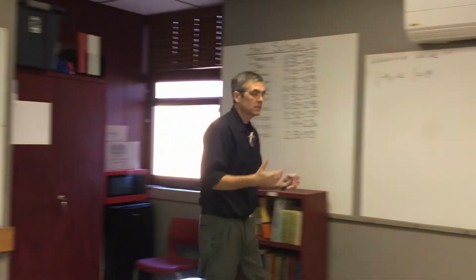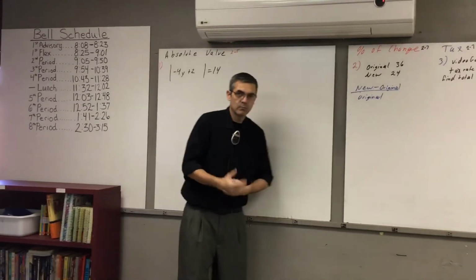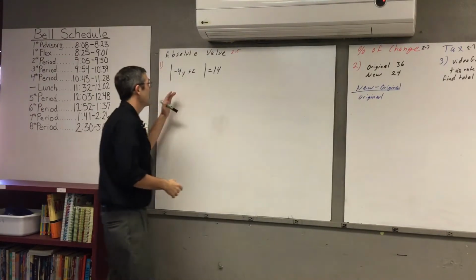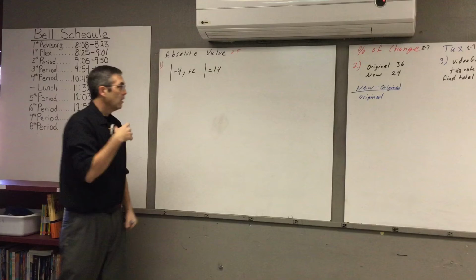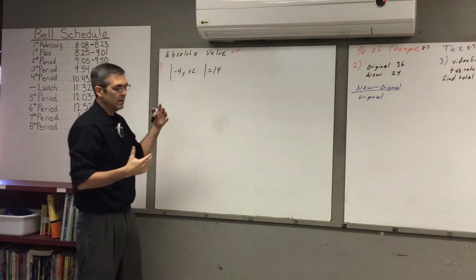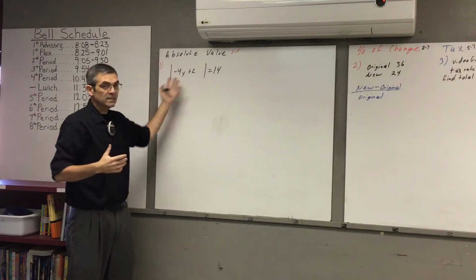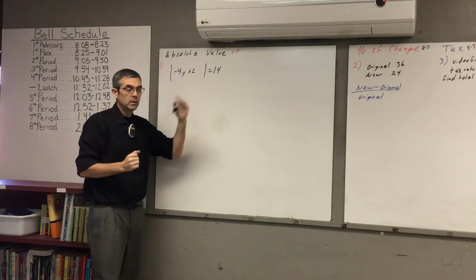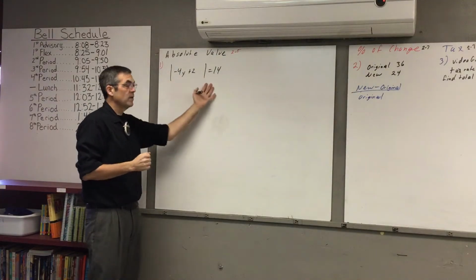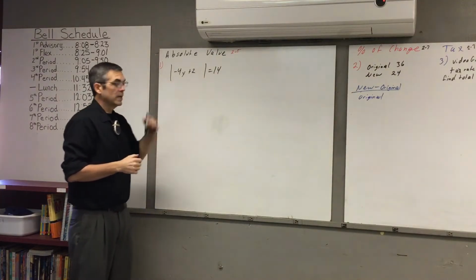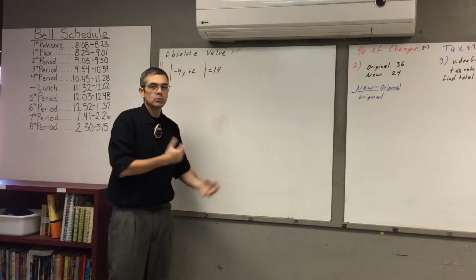All right, so the first thing that we did that was not basically a review was the absolute value. All this is that they set this up and they isolated the absolute value here. Once you've isolated the absolute value in your equation, you can look at it and ask, how many solutions does this have?